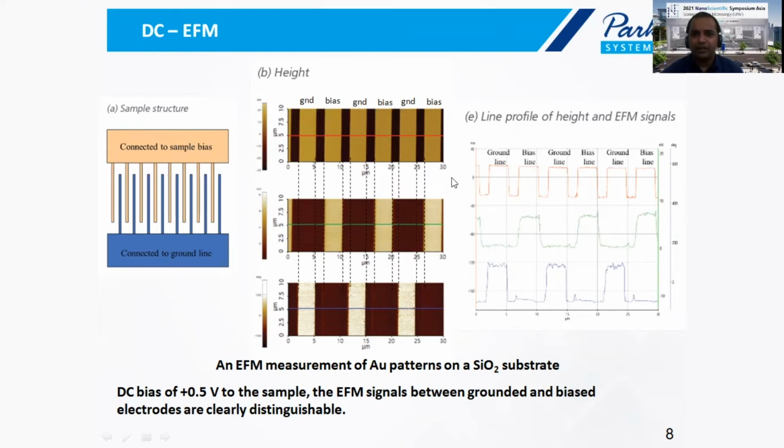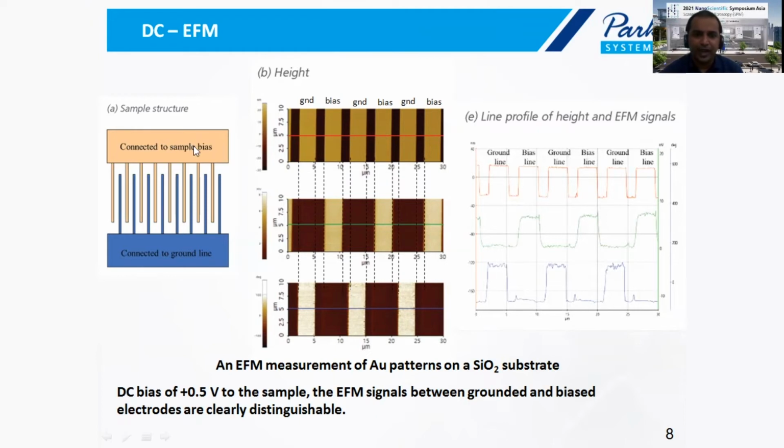The same can be revealed in your line profile, where these ground lines and bias lines are clearly visible and distinguishable. However, here we can apply a sample bias of, let's say, around 0.5 volts in this case.